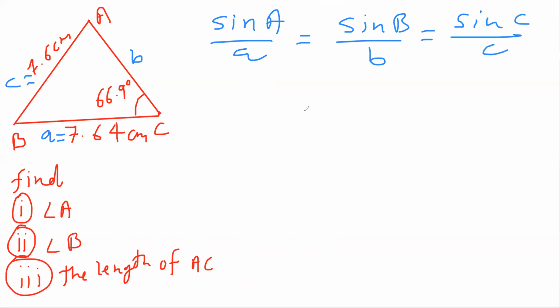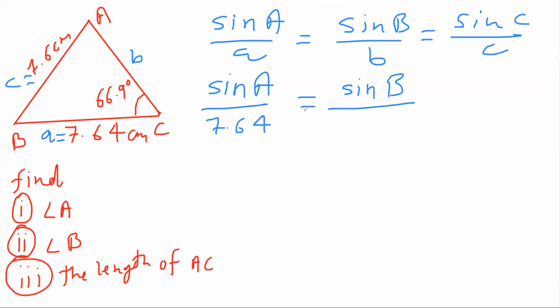Now angle A is unknown, so let's write sine A over a. Do we know a? Yes, it's 7.64, equals sine B over b. Do we know angle B? We don't know yet, so let's write it as B itself. What about b?